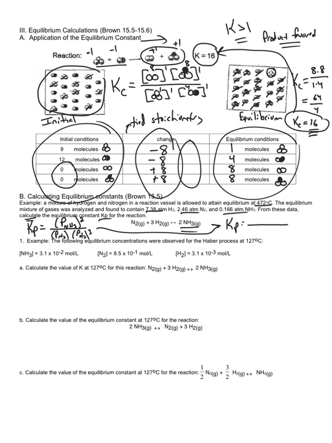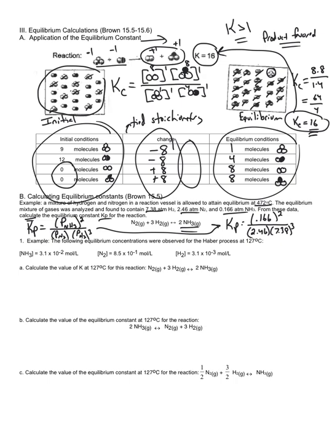So the partial pressure of ammonia is 0.166. That number is going to be squared, divided by the partial pressure of nitrogen, which is 2.46, and the partial pressure of hydrogen is 7.38, and that guy is cubed.